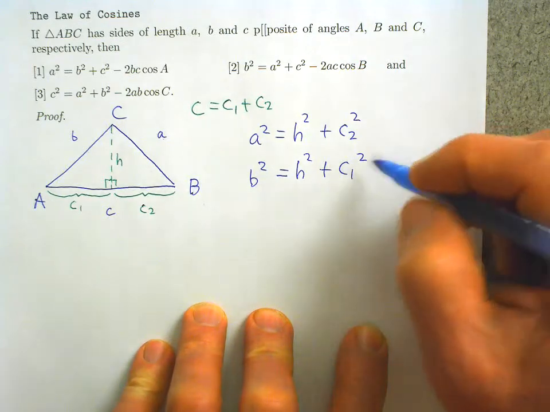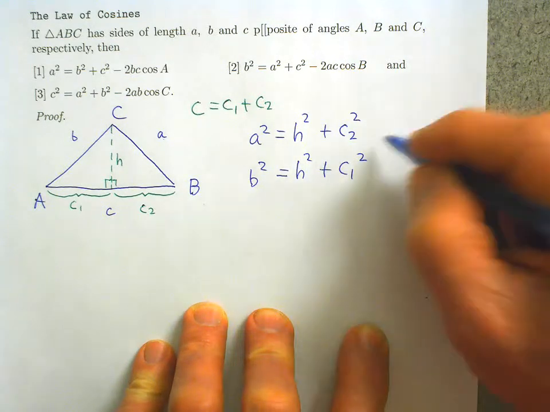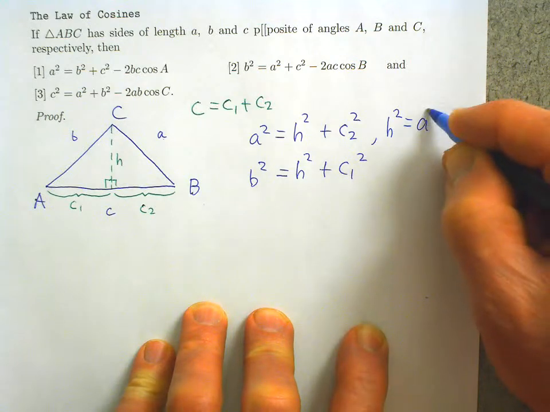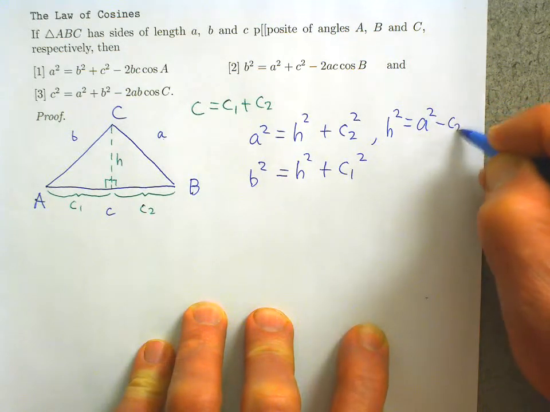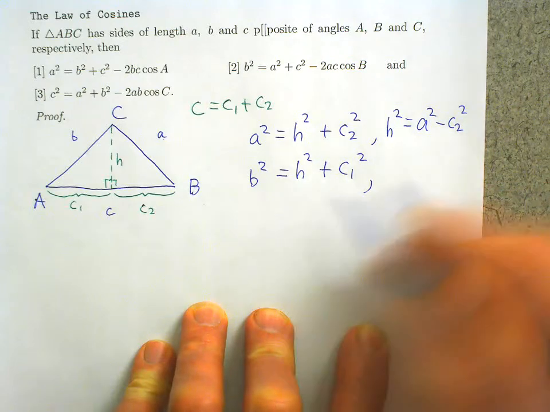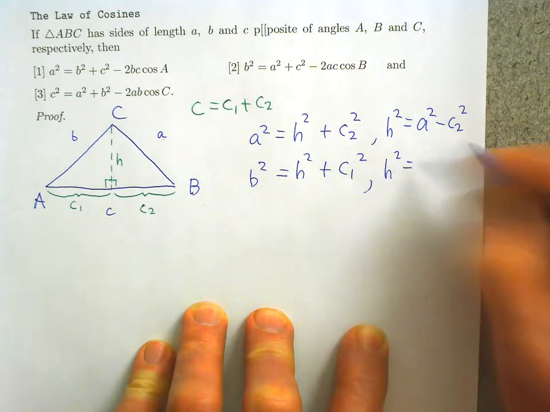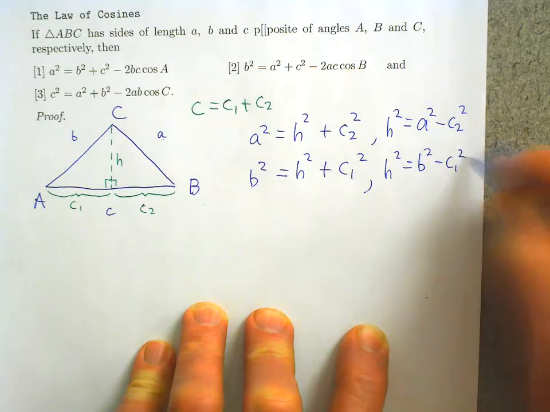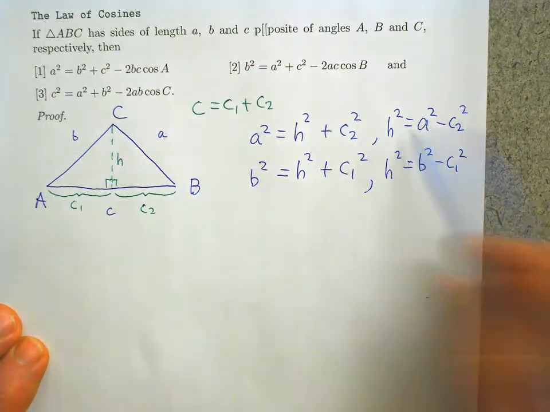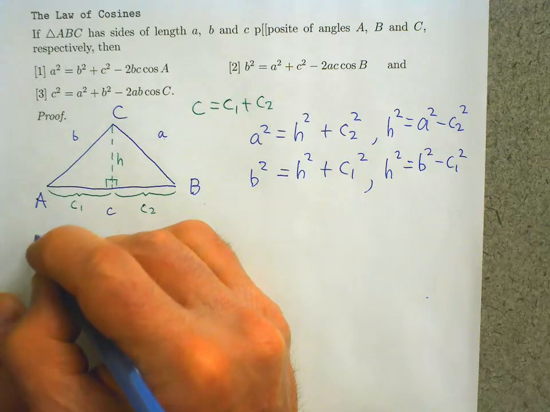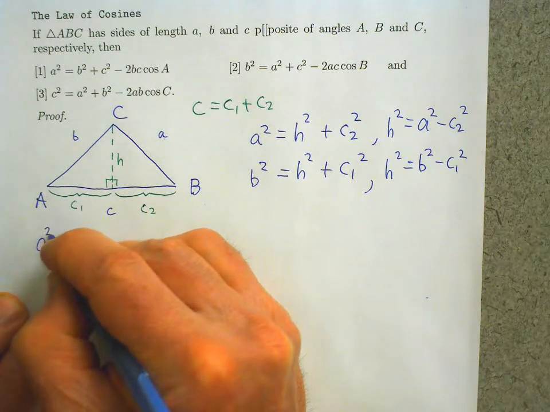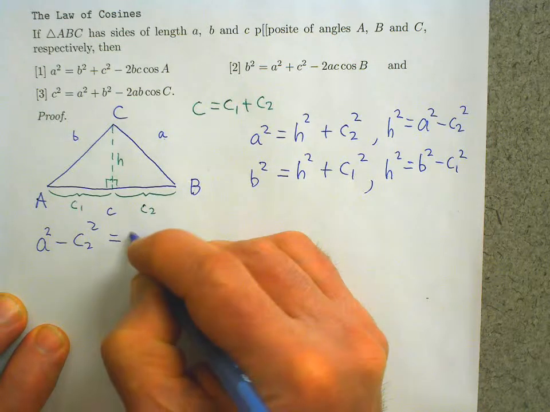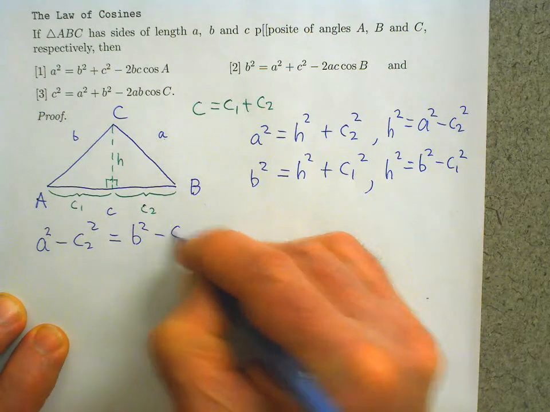So if we solve each of those for h squared, up here h squared is equal to a squared minus c2 squared. And down here, h squared is equal to b squared minus c1 squared. And since they're equal to each other, we'll write a squared minus c2 squared is equal to b squared minus c1 squared.